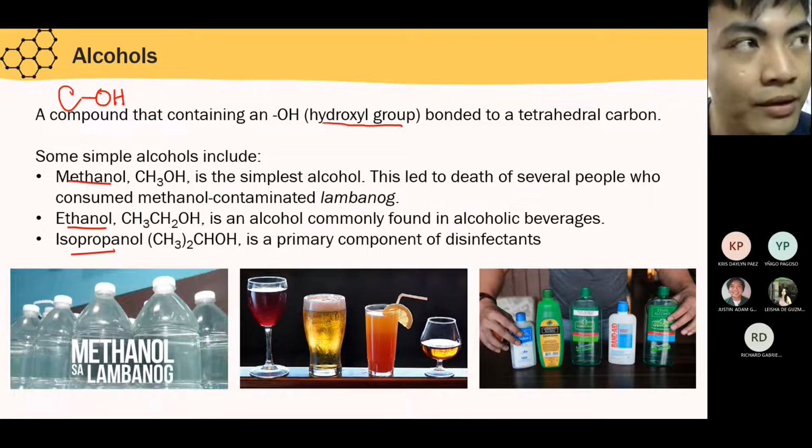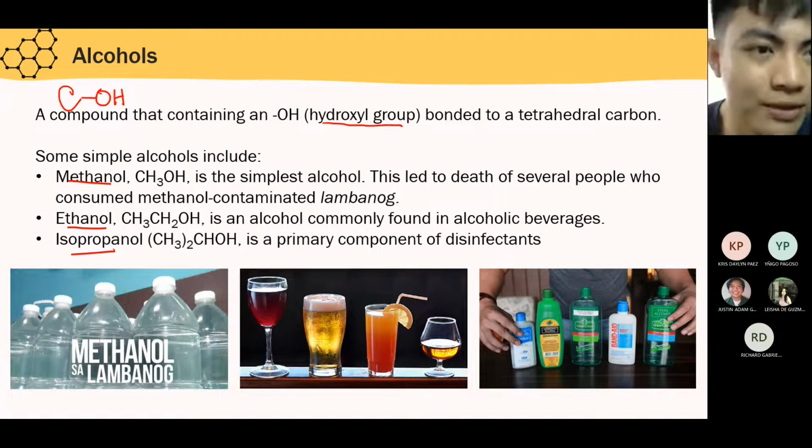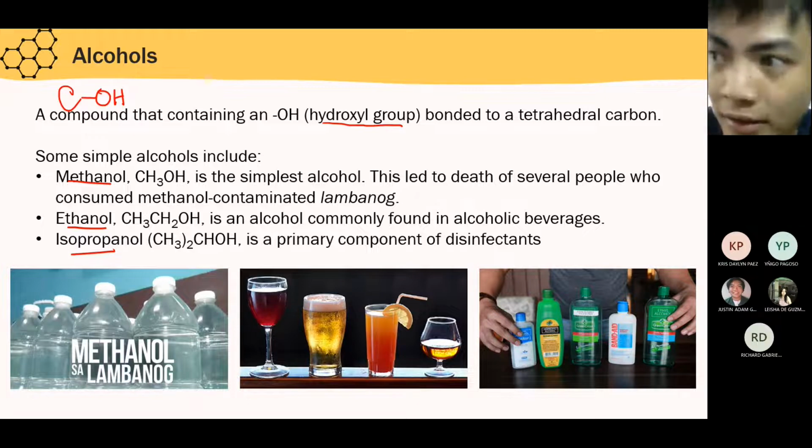Familiar kayo niyan kasi before pandemic to, around 2019. So, ano nangyari doon? So, yung mga gumagawa ng lambanog, apparently, some of them produce methanol. Ano ba dapat yung po-produce kapag fermentation? Ang kailangan na po-produce ay ethanol.